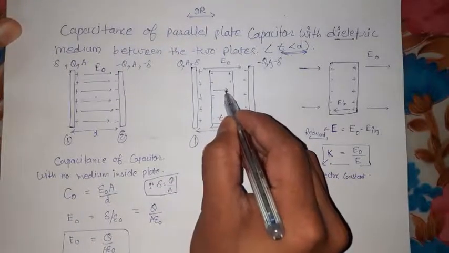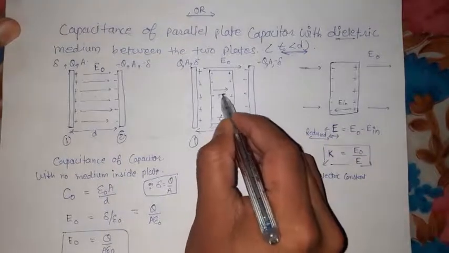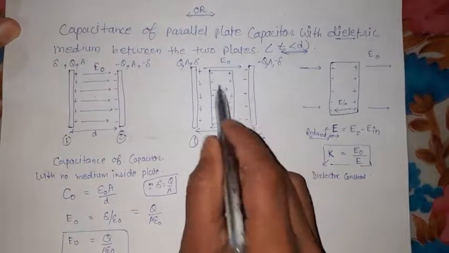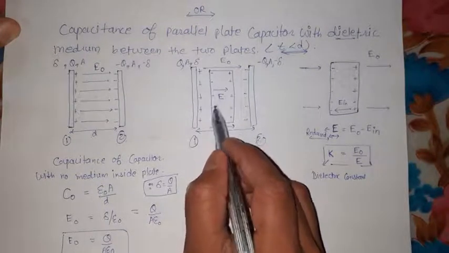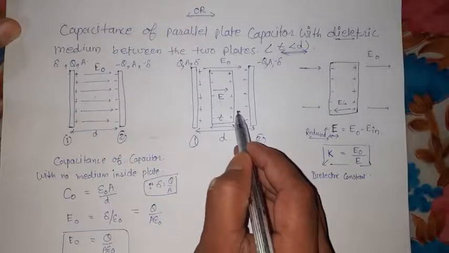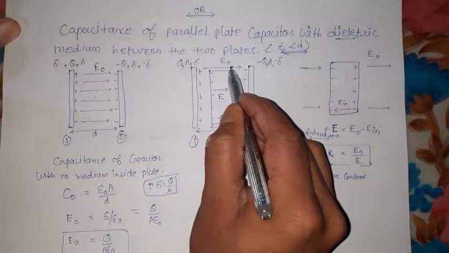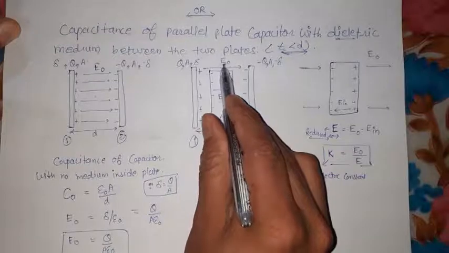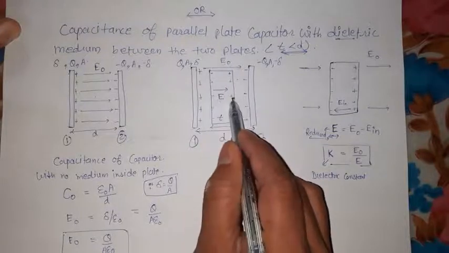The inside field will be a reduced field, which I am directly writing as E. E is the field inside the boundary of the insulating medium, and outside the insulating medium there is E naught. So we have two fields: E naught outside the dielectric medium, while E is inside the dielectric medium.